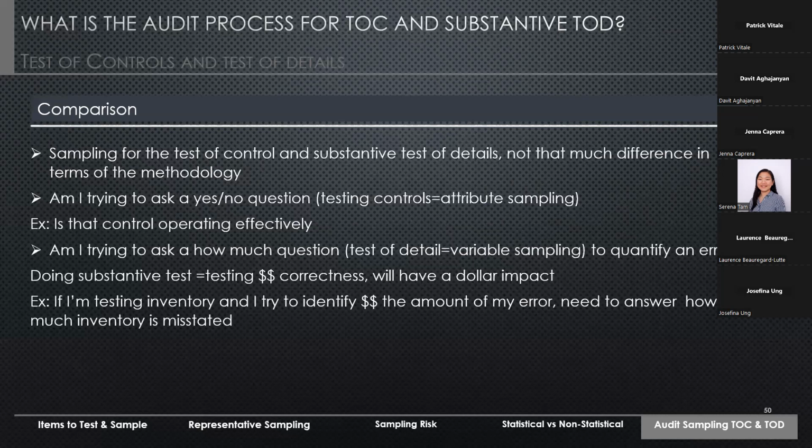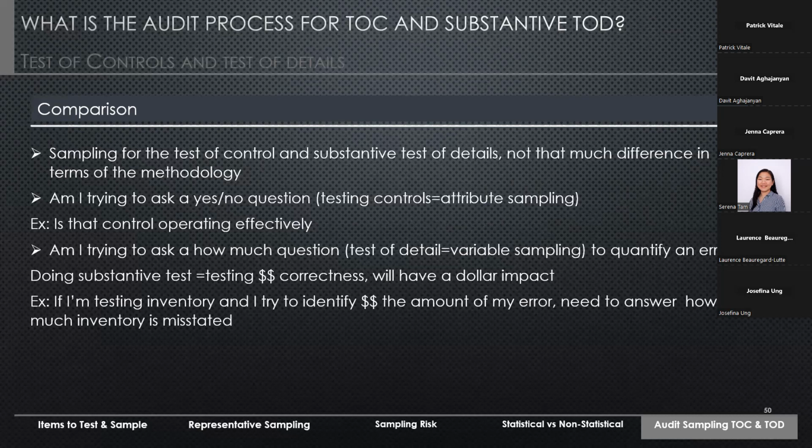That's attribute sampling. You're testing the controls, it's attribute sampling. So the answer would be yes. It's not 26, it's not a number. However, if you're trying to ask how much, is this amount right or not, you're doing substantive testing, then you're testing the dollar correctness. So then we have a dollar impact. That's variable sampling. Okay, so variable sampling, it's dollar amount.